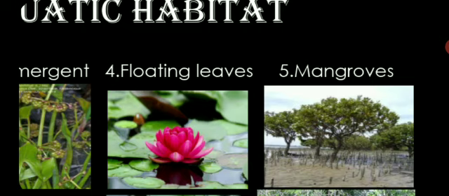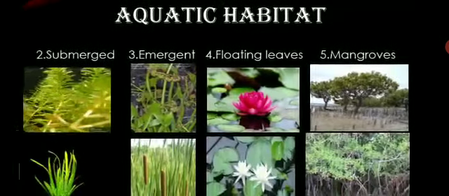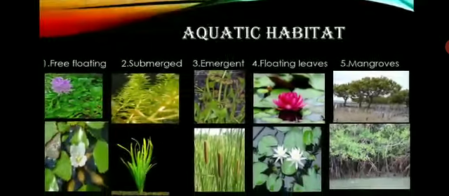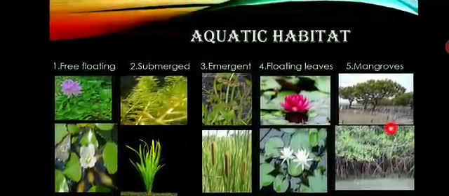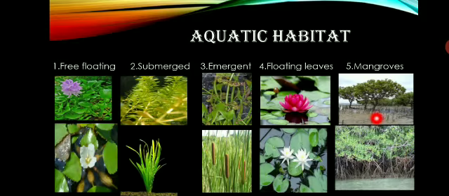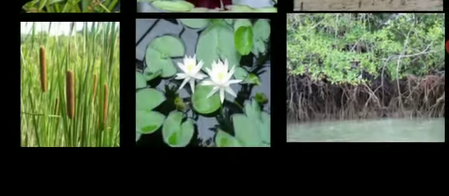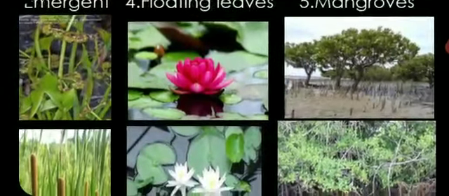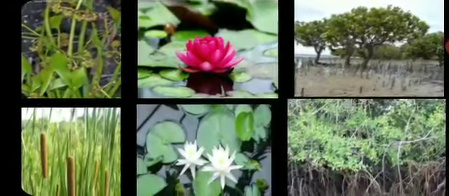That particular saturation produces the saline habitat in which they grow. Mangroves are respiratory plants, because the roots are present above the soil surface. For example, Avicennia and Rhizophora come under the mangrove trees.